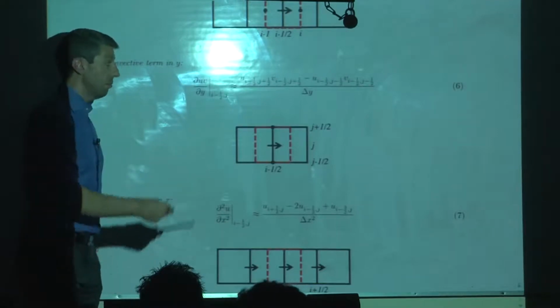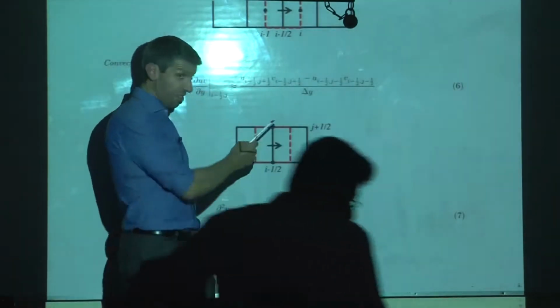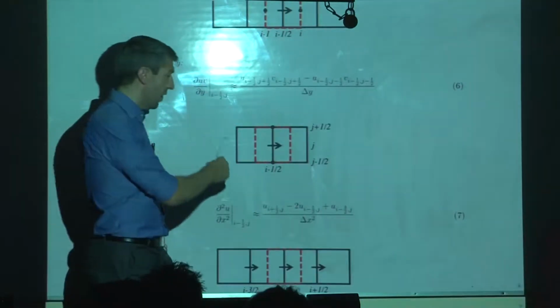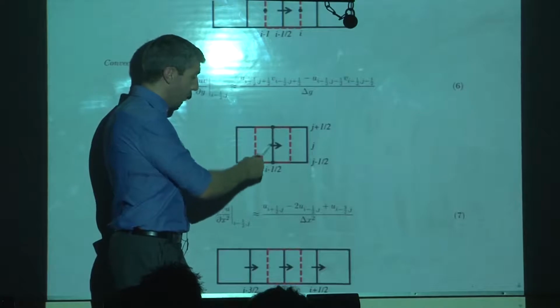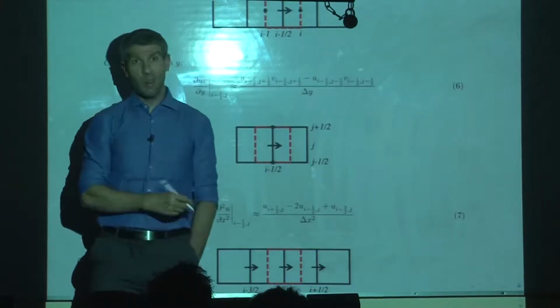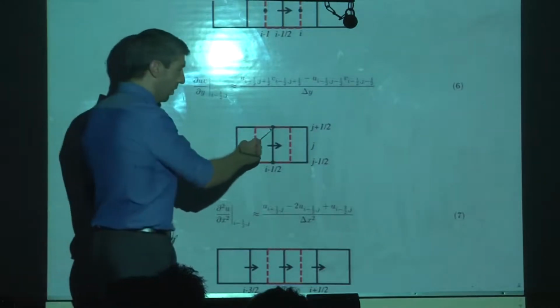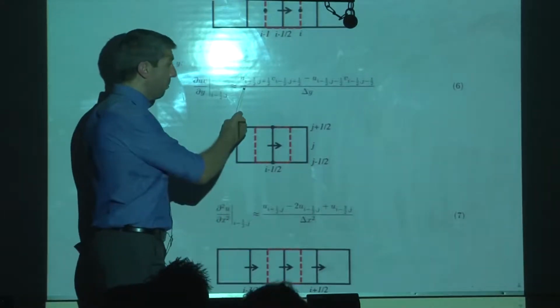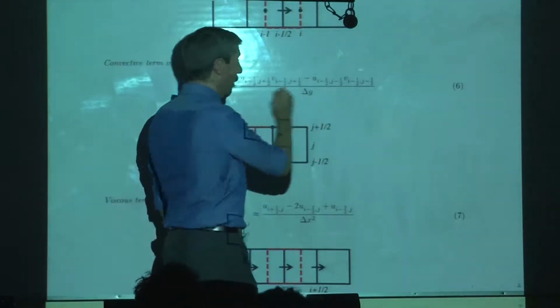d(uv)/dy, same thing, though this time we're looking at the u momentum, so we're on that staggered cell, the cell shifted to the x face. Now I'm going to need to provide a u momentum flux top and bottom here. Well, those are unnatural locations. Now I'm getting into the cell vertices. So I need to provide a u and a v here, and a u and a v here, and that gives me the resulting term.